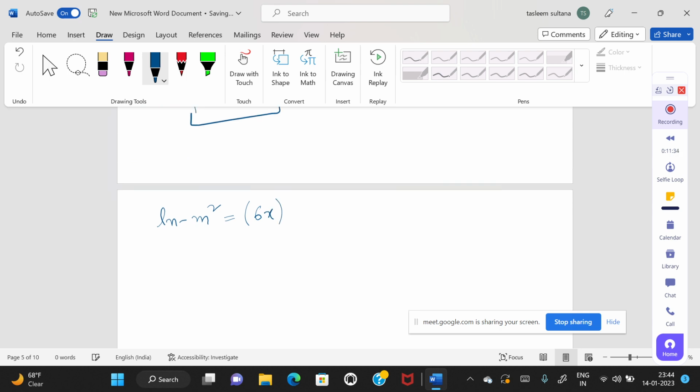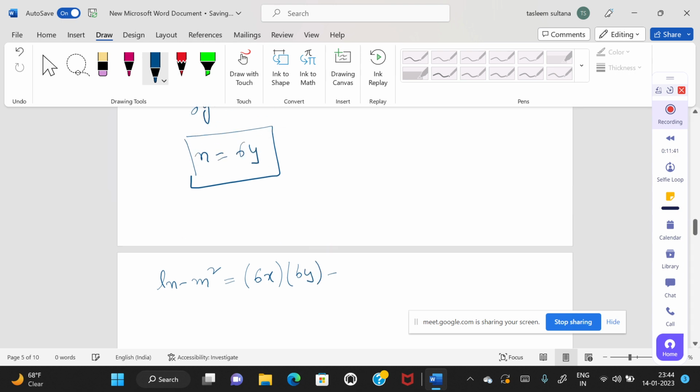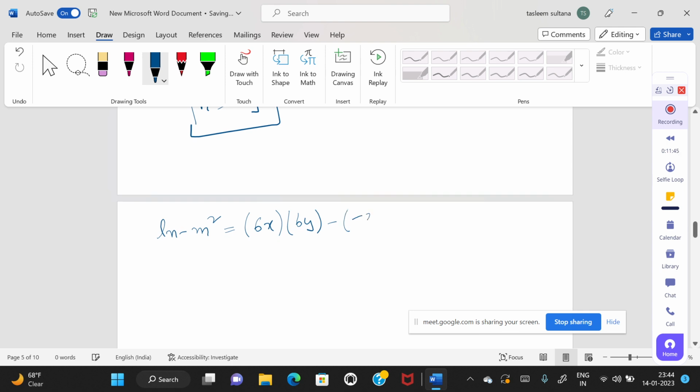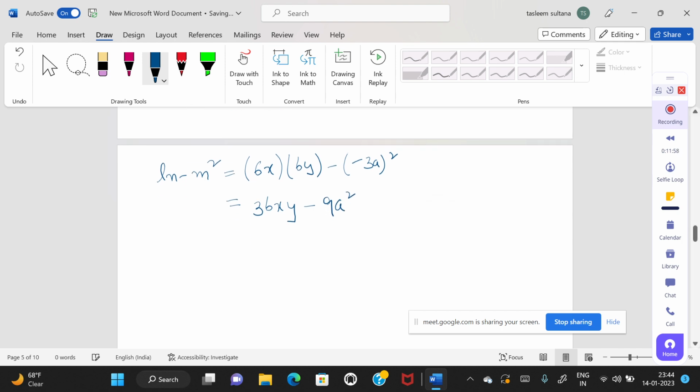So 6x into n, which is 6y, then minus m², where m is −3a, whole square. It's equal to 36xy − 9a².